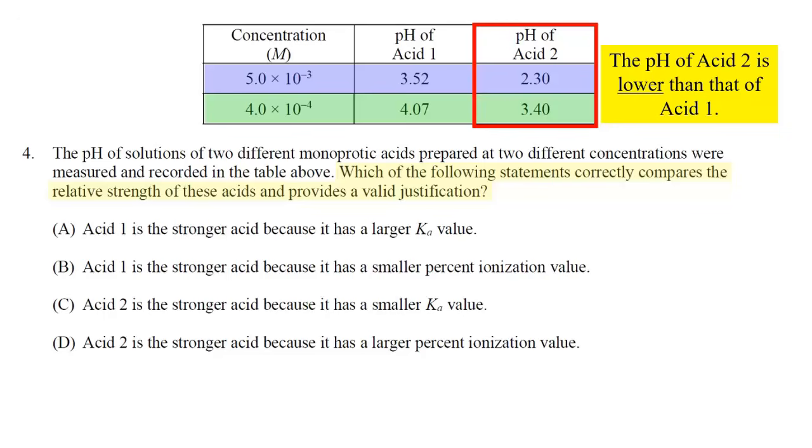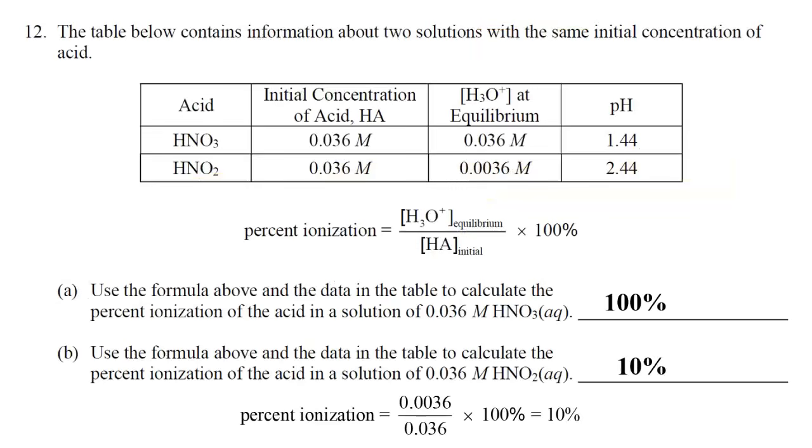Now I'm going to show you some information from an earlier video for topic 8.3 that I did. So this particular question comes from that earlier video where I was discussing topic 8.3, weak acids and bases. Now here in this table, we can see that there's HNO3, so that's nitric acid, and then there's HNO2, that's nitrous acid.